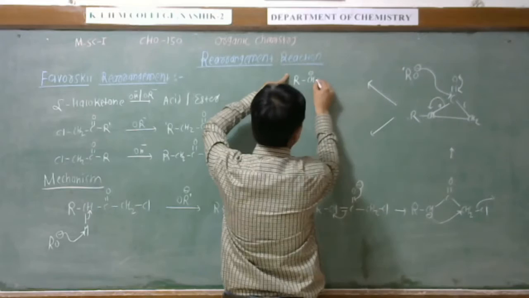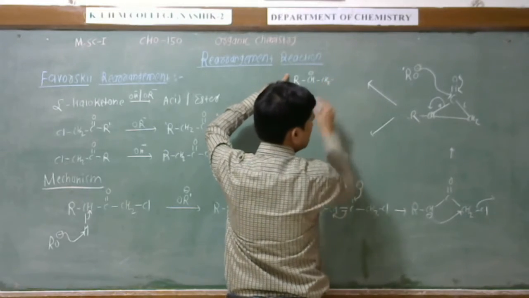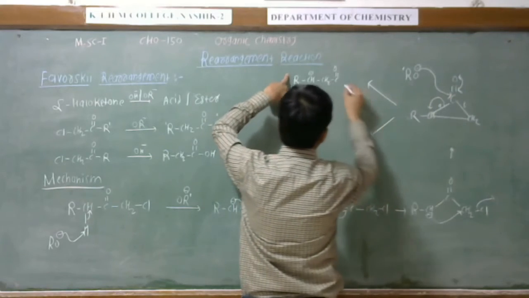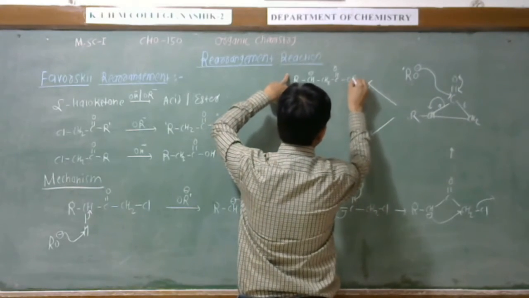Now here is the CH2, and CH2 is attached further to the C double bond O, and here is the OR dash.